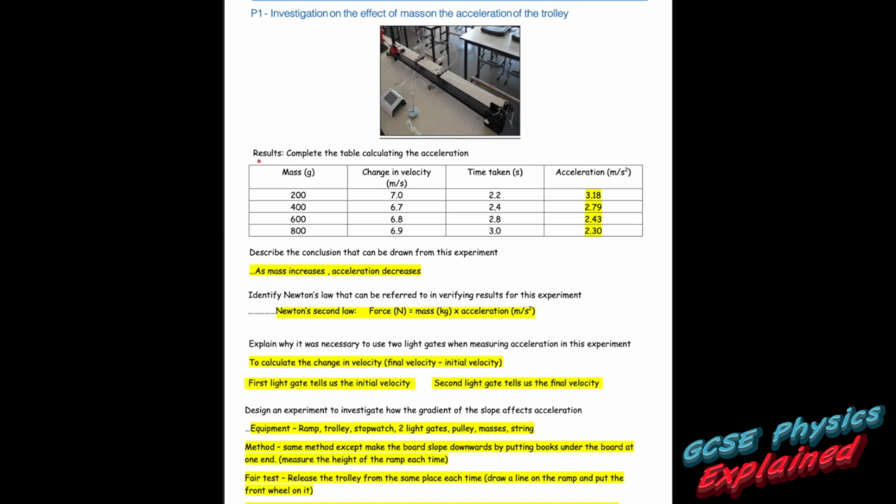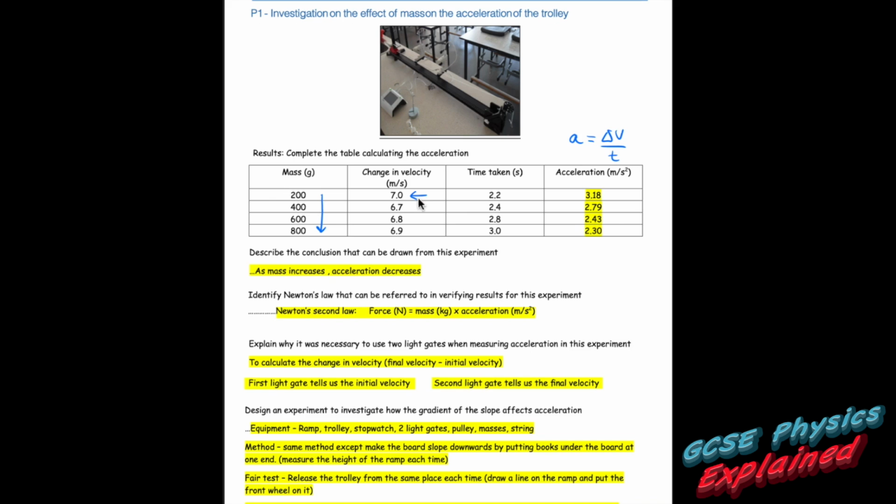So the first thing they wanted you to do was complete the table calculating the acceleration. Now this is only an example of the type of questions you might get asked. So you can see the mass starts at 200 and goes down to 800. Now you needed to calculate the acceleration. So acceleration equals change in the velocity divided by the time taken.